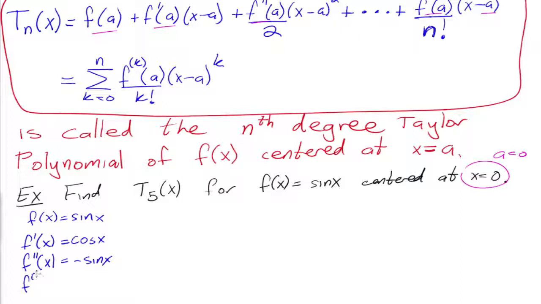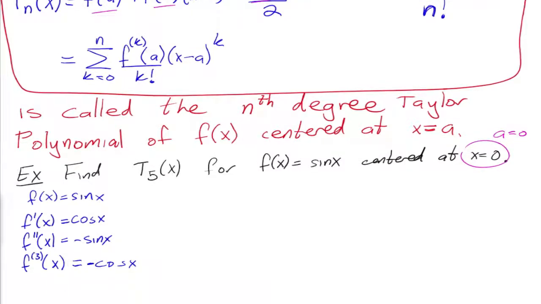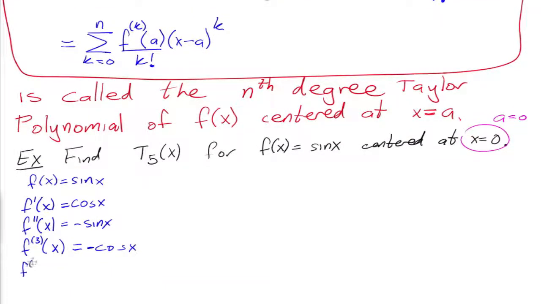Third derivative is, what is it? Negative cosine. Okay. The fourth derivative is sine again. And the fifth derivative is cosine of x.